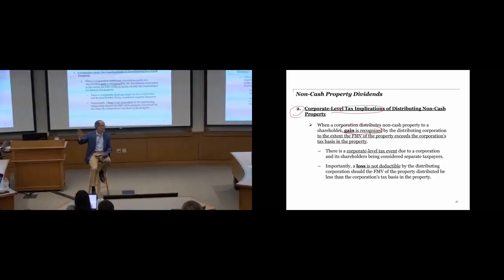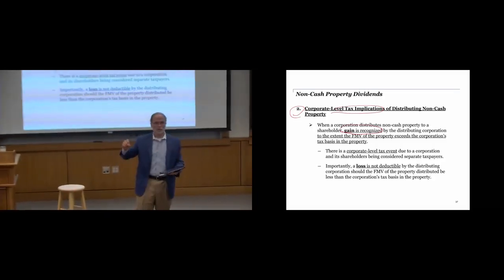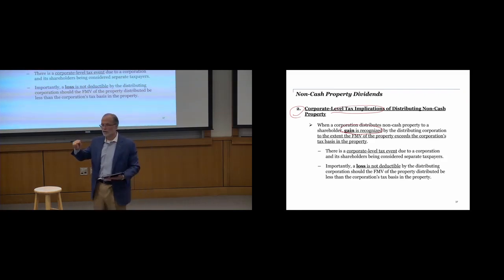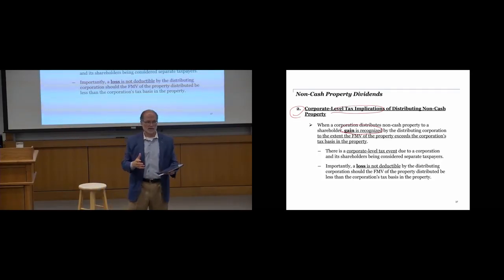So what the government doesn't want you to do is avoid tax. Let's say I had a different result if I distributed non-cash property. What I could do is sell the property, recognize the gain, and generate the cash that pays the dividend. But instead of doing that, I just distribute the property to you.